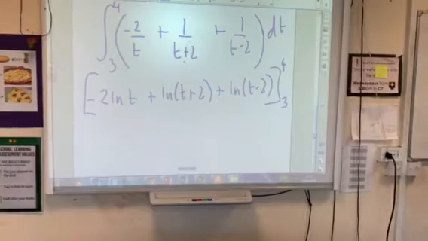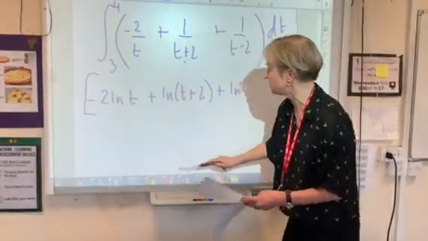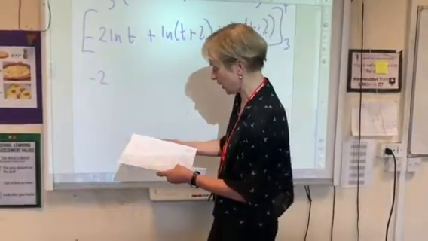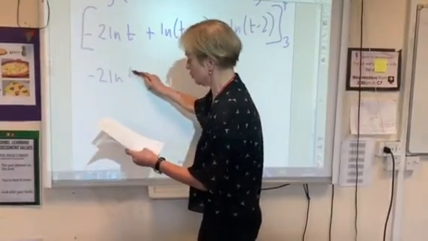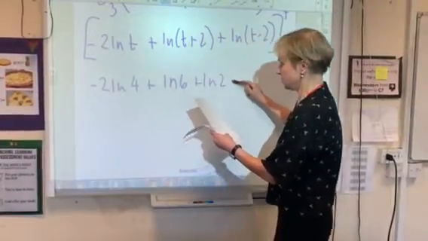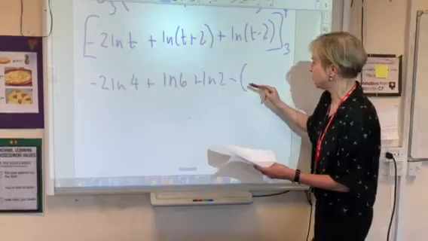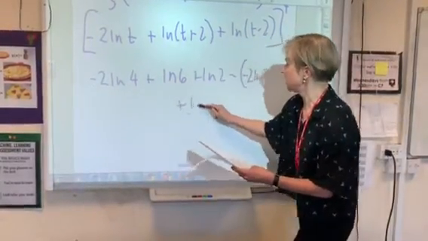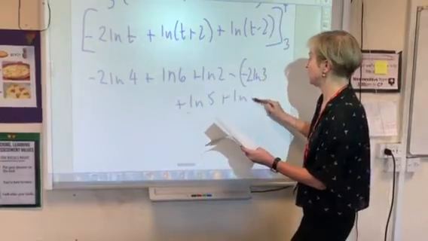Otherwise, you're going to lose marks. By all means, check it on your calculator, but make sure you show everything so that you are not going to lose any marks. I've substituted my limits in here, minus 2 ln 3 plus ln 5 plus ln 1.